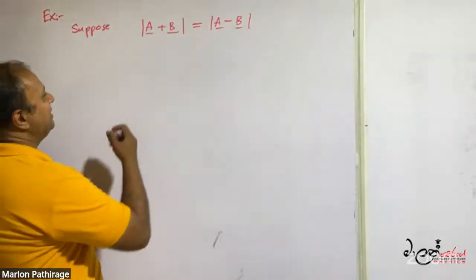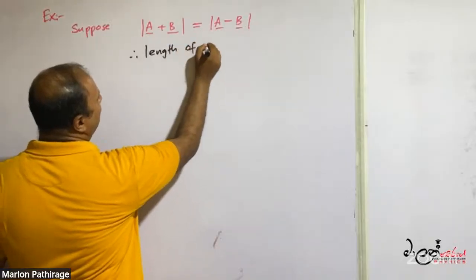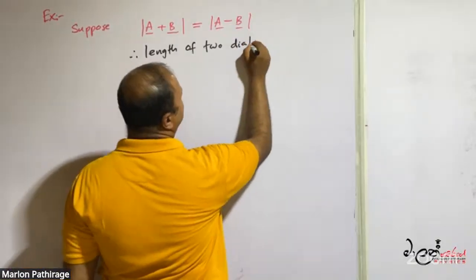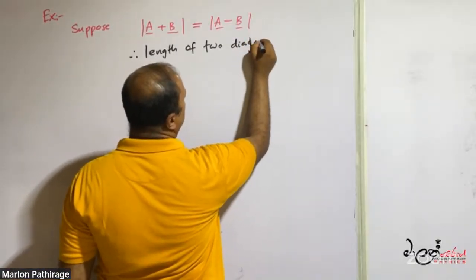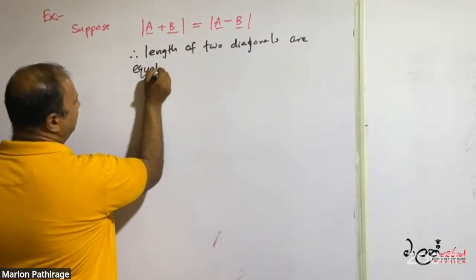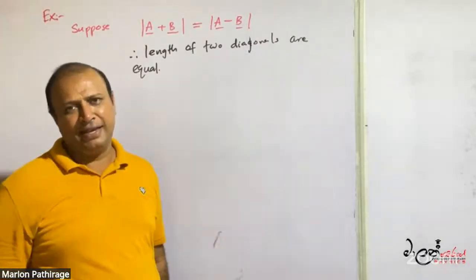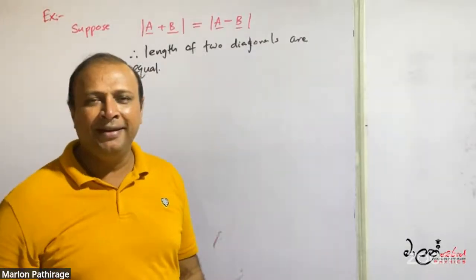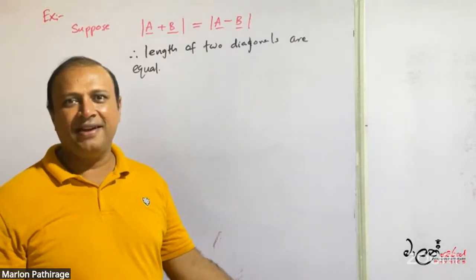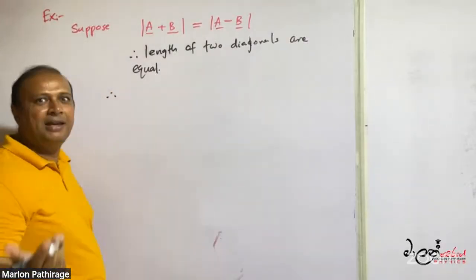Therefore, the lengths of the two diagonals are equal. If the lengths of the two diagonals are equal, definitely it should be a rectangle or it should be a square.